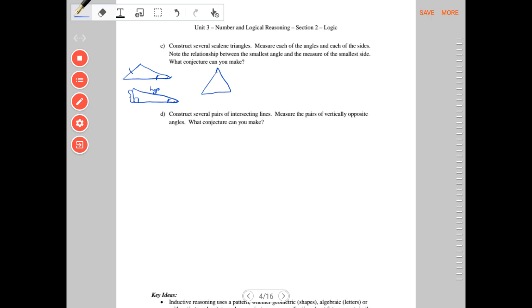Okay, and this looks like my smallest angle, and over here would be my smallest side. So, the conjecture I'm going to make is the shortest side is opposite the smallest angle.